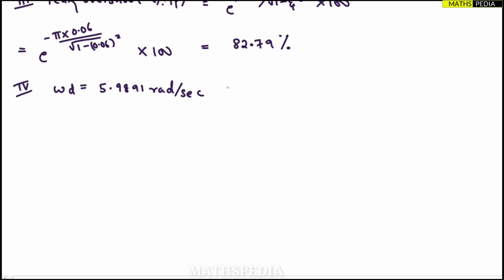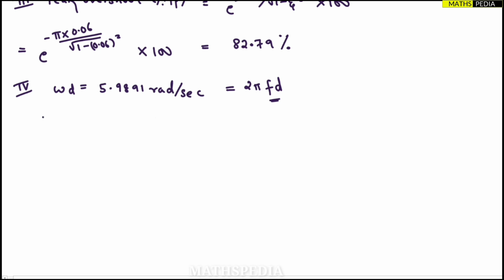Now omega d is the same as 2 pi into fd. We call it omega is equal to 2 pi f, same thing. Omega d is equal to 2 pi fd. Fd is nothing but the number of cycles per second.